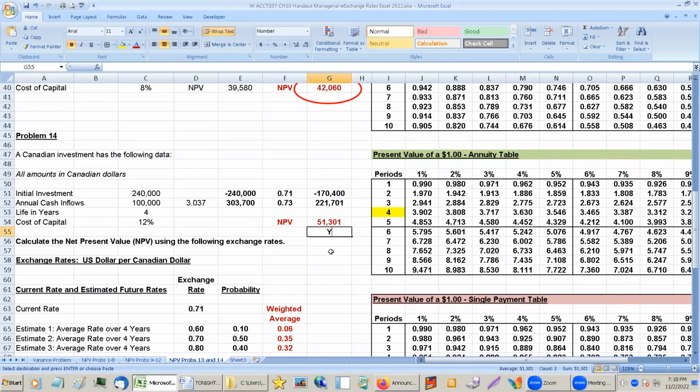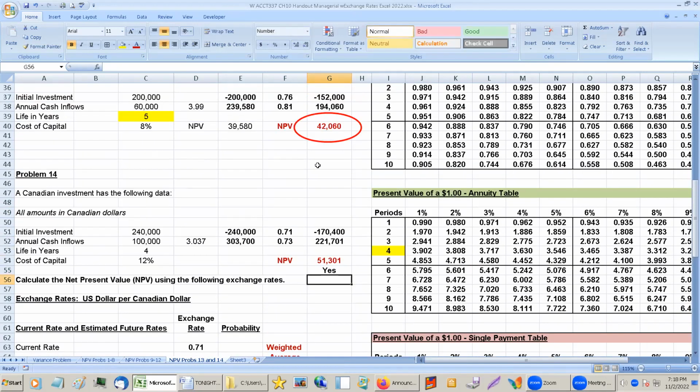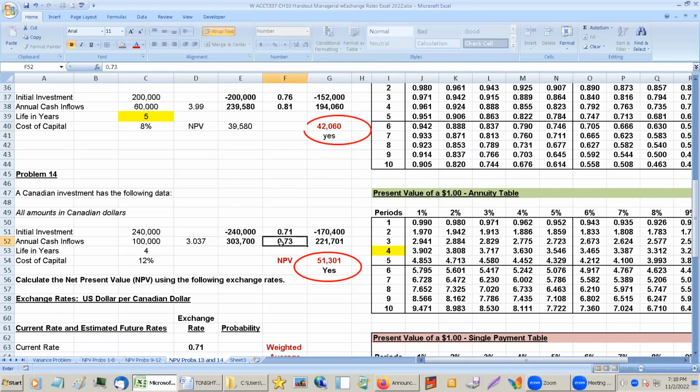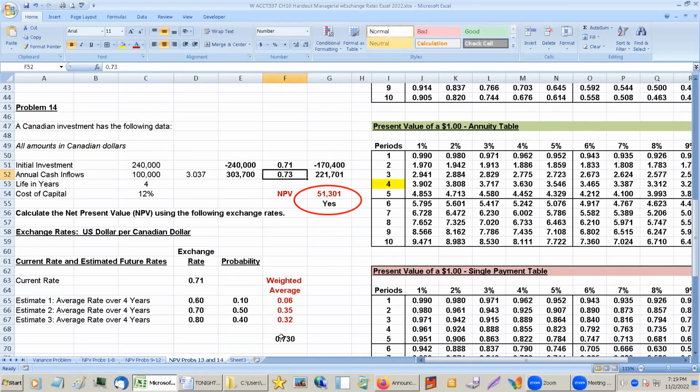And for all of these, it'd be a yes. They're all positive. So this 0.73, this number.